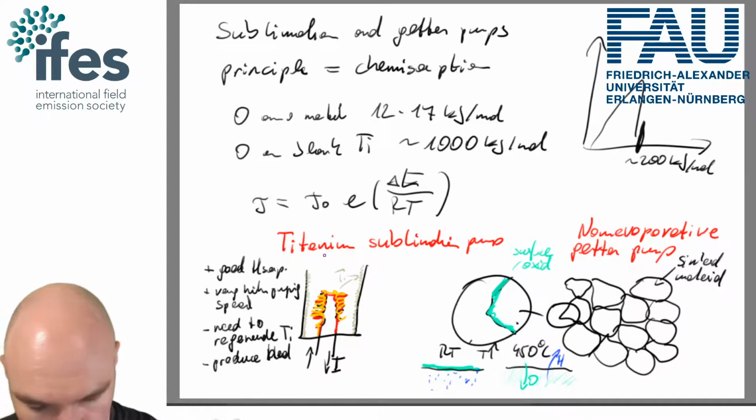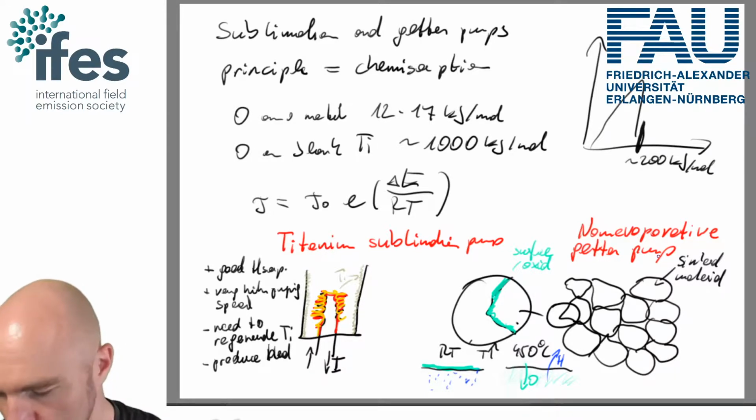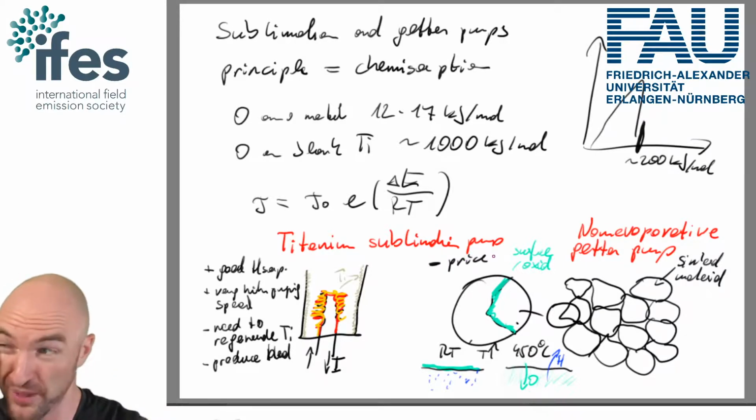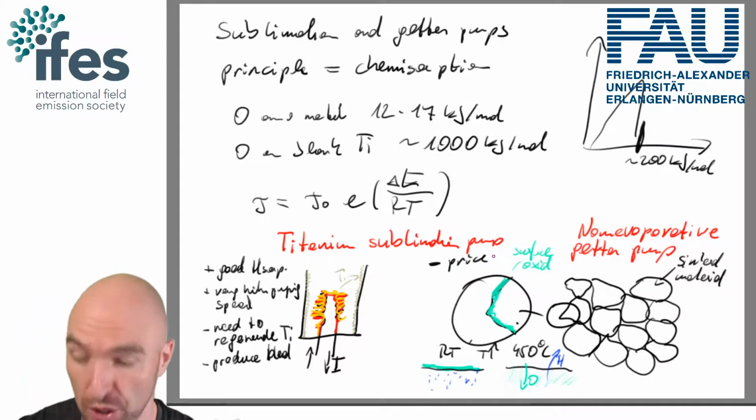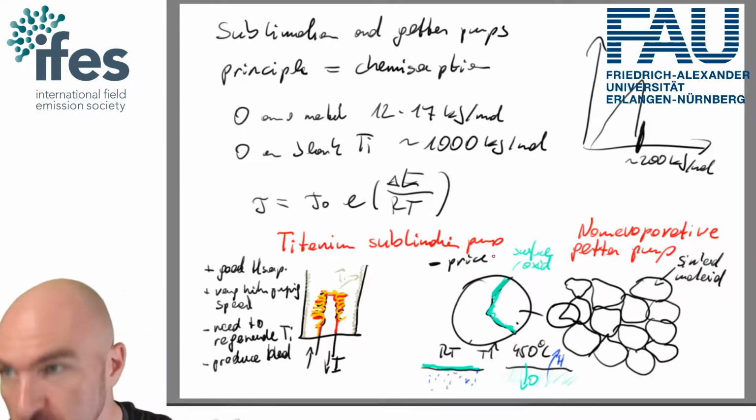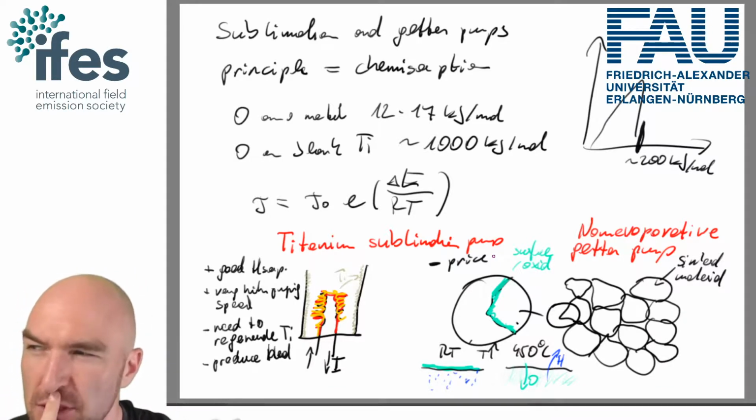With a non-evaporative getter pump, you also have good sorption, good pumping speed, and the minus here is price. I've bought two pretty big ones, and it cost a lot. I think I paid about 10,000 euros per pump for a 1,000 liter a second pump.